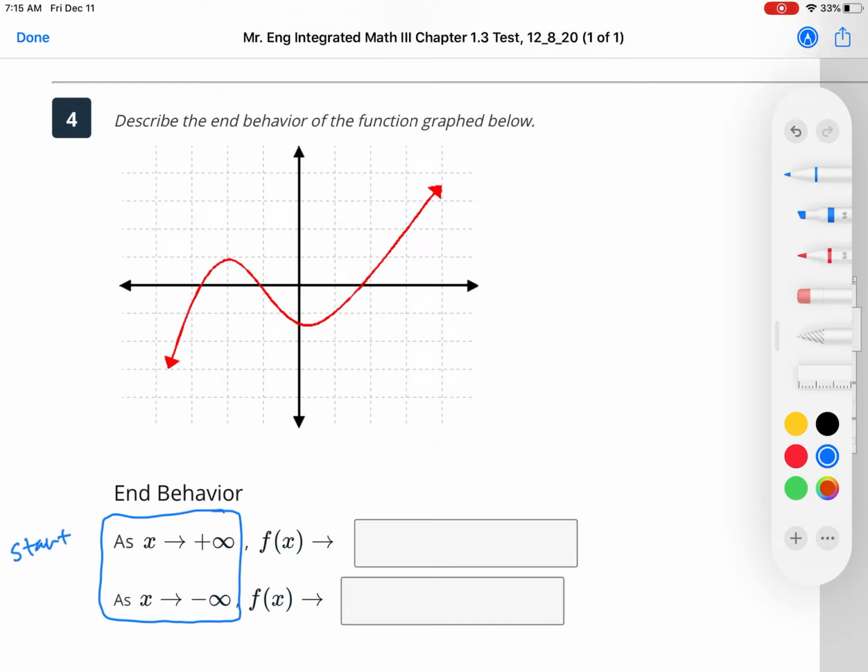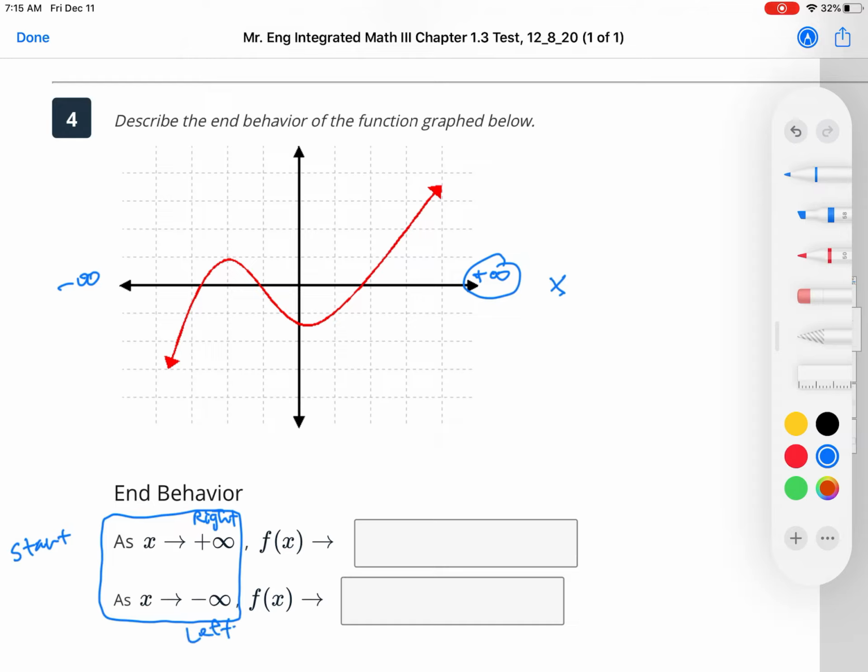As x approaches positive infinity, so this is the x-axis, and this is positive numbers, and this is going negative numbers. So the positive numbers are going towards the right. So this first one here is right, and the other one's going left.